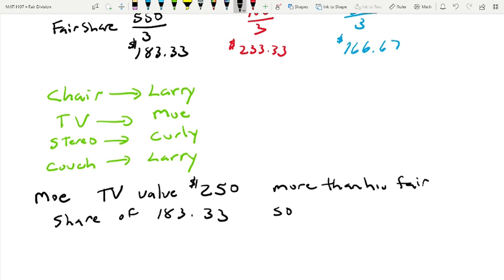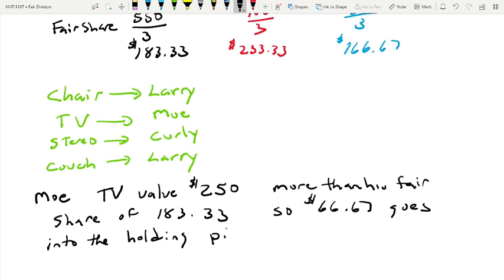So 66.67 goes into the holding pile. He has to pay the difference into the holding pile.